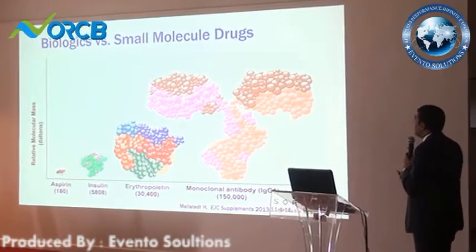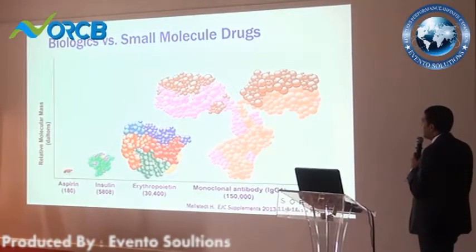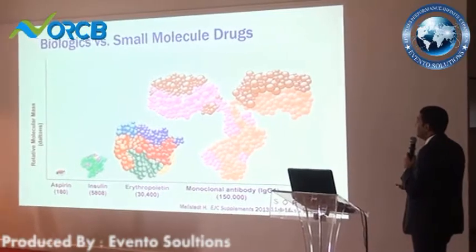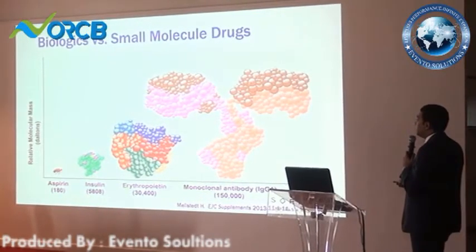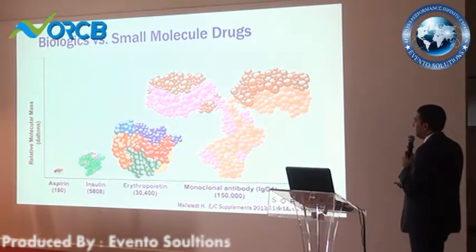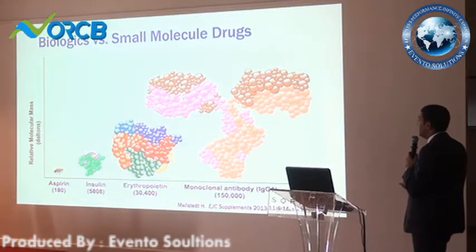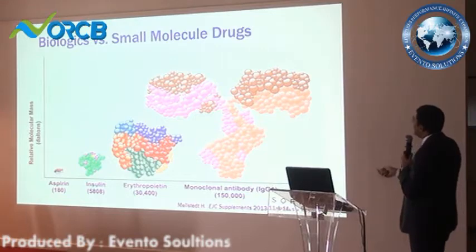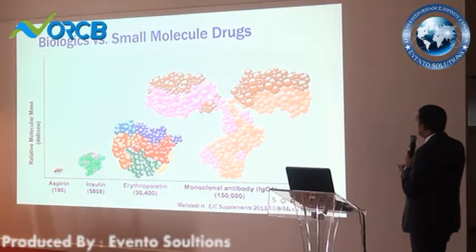If we compare the biological molecules versus the small molecule drugs, you will find a very big difference in the molecular weight. As an example, aspirin is only 118 kilodaltons, while insulin is 5,000 daltons, erythropoietin 30 kilodaltons, while the monoclonal antibodies, which are the big arena in the area of biopharmaceuticals and biosimilars production, are very large and heavily glycosylated with a molecular weight of approximately 150 kilodaltons.